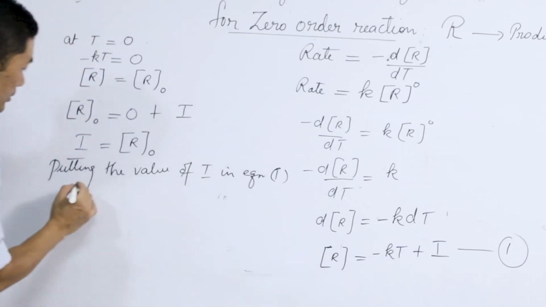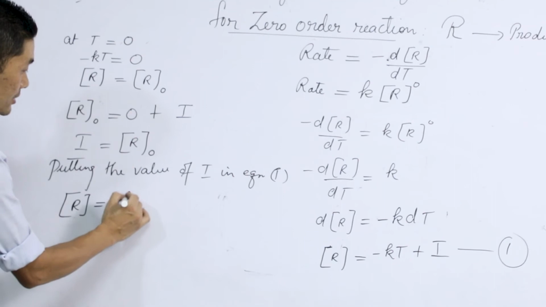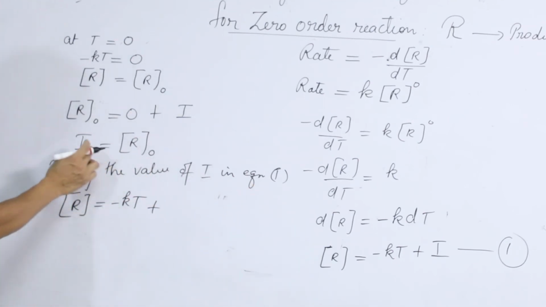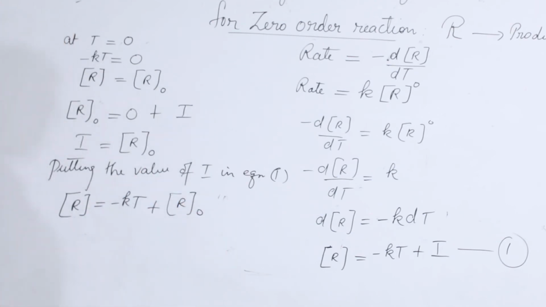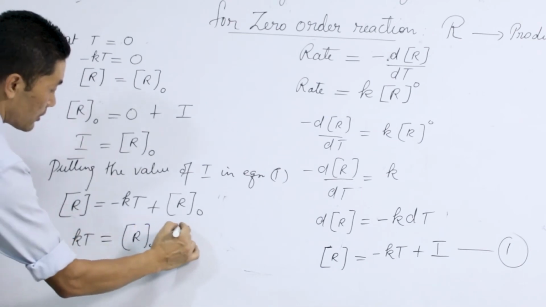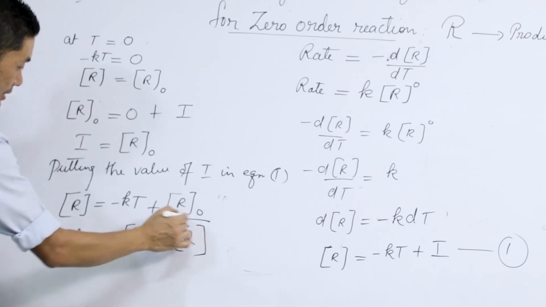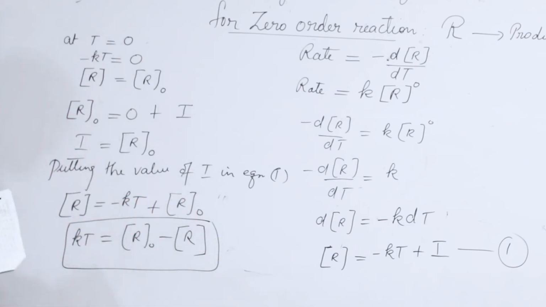Here we have R equal to minus Kt plus I, which is now equal to R naught. Then if we bring Kt here, we will get Kt equal to R naught minus R. This is the general integrated rate equation for a zero order reaction.